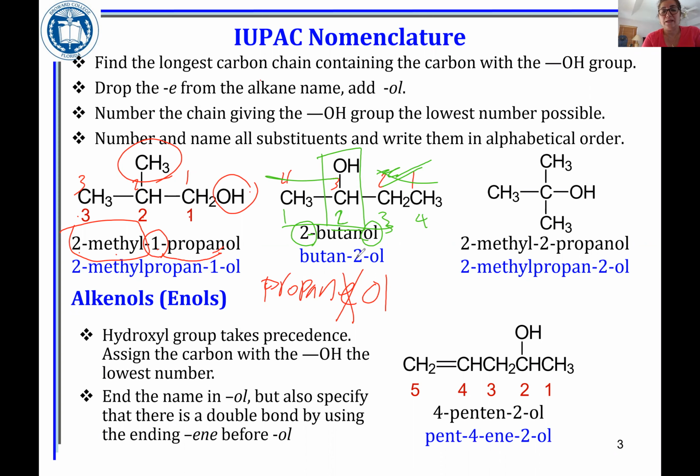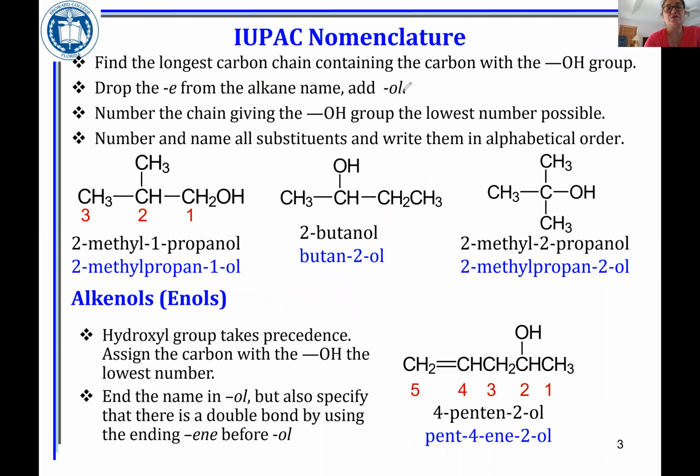Now, butan-2-ol. This one is like a newer IUPAC rule, and we still have the old one and the new one, both of them. In most of the books, they cover both of them. In 1997, which is relatively very new compared to the other rules that are about 100 years old or more, they said that we could also use a new naming system.